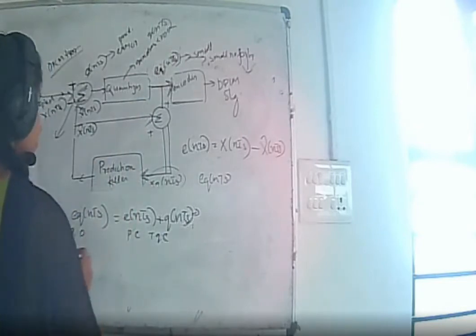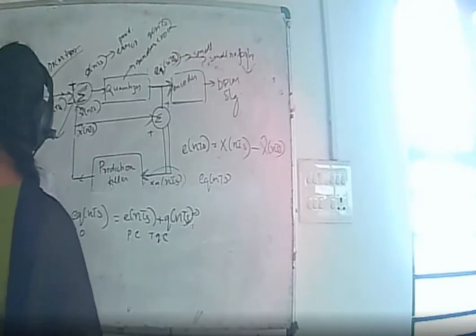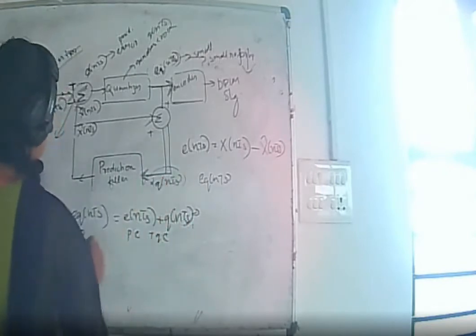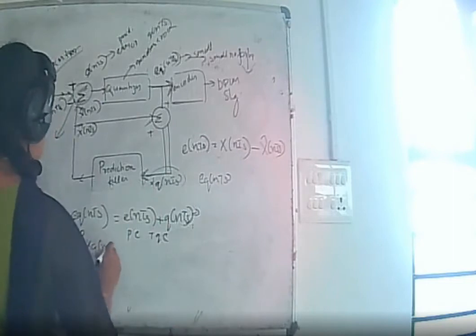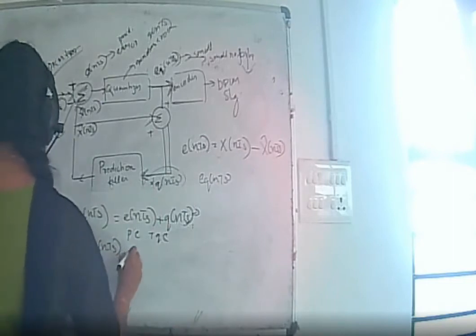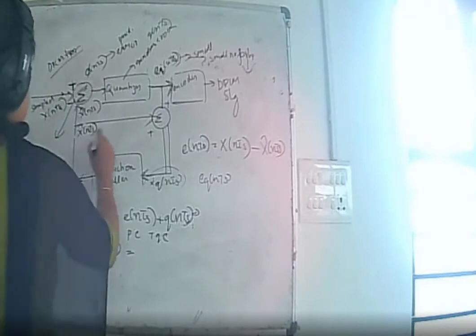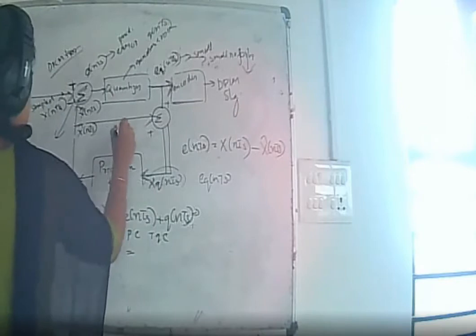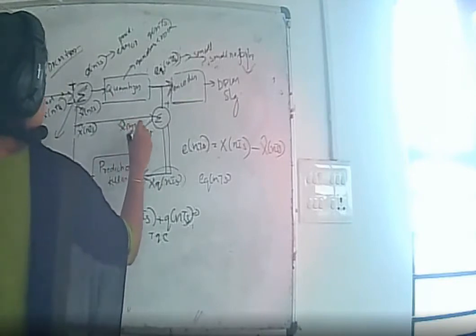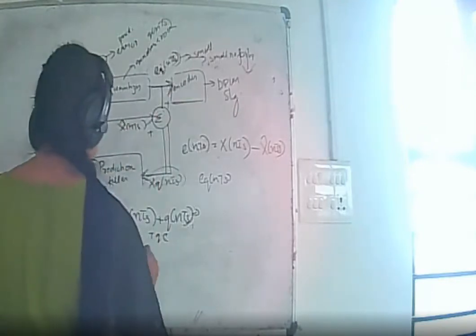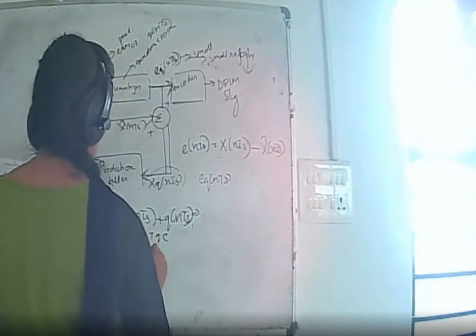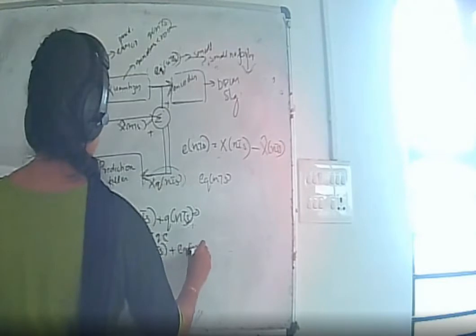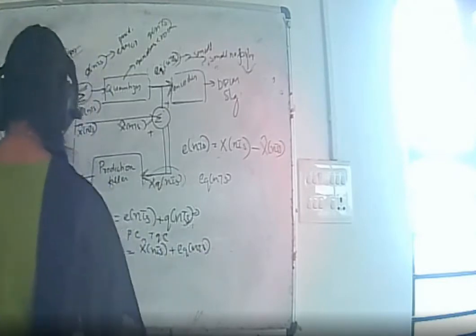That means this X_q of nTs is nothing but X cap of nTs plus this E_q of nTs.